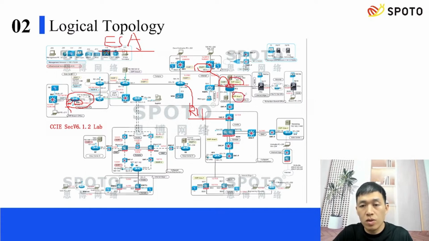they add areas for the OSPF routing protocol, and the other one is this one, the EIGRP protocol.